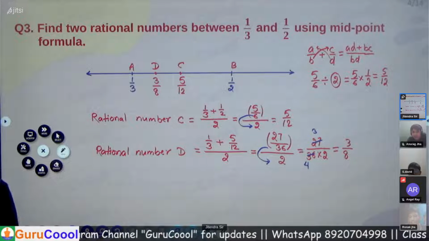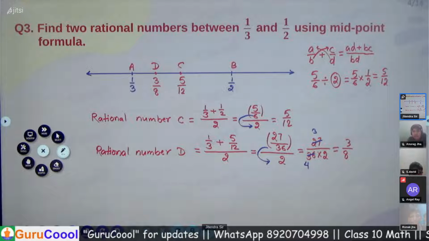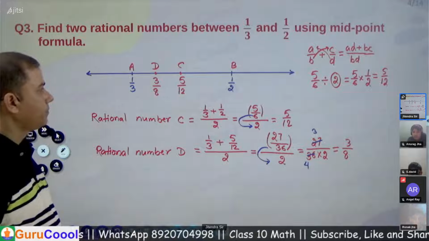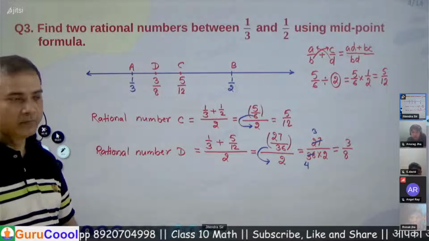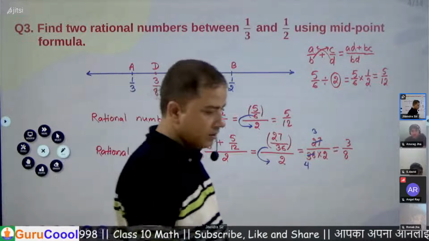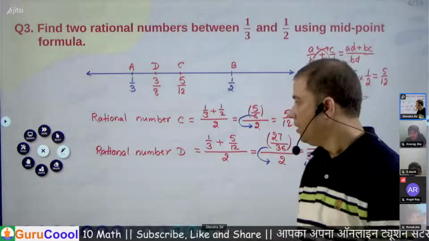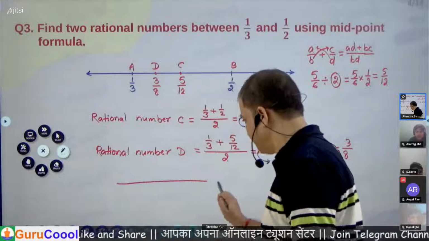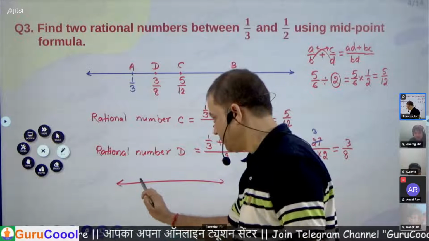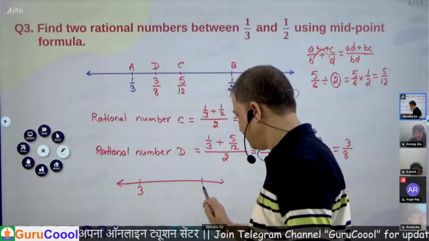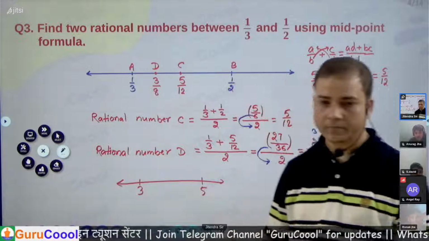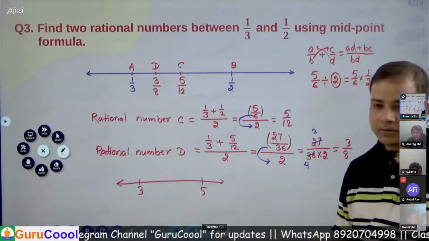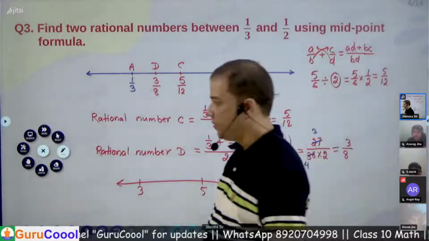Sir, how to check that your answer is correct? How to check if the answer is correct, right? What comes between 3 and 5 in the center? Be careful.